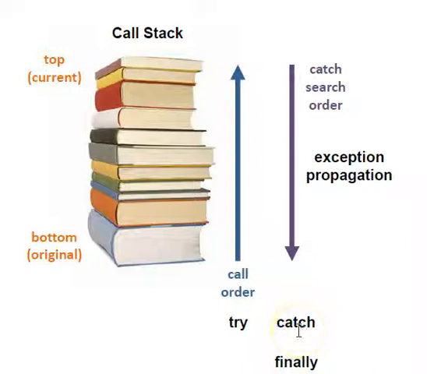At the end of a catch handler running, there's also a finally keyword, which is another block. The finally block, when you're dealing with a try catch finally structure, will always run regardless of whether there were exceptions or not. If there were no exceptions, the try code will work and then the finally block will run.